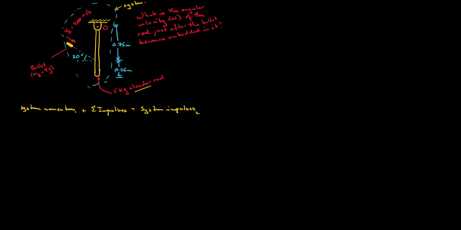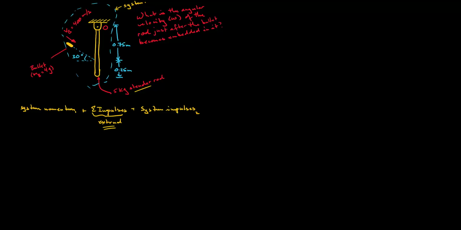We could have made our system only the slender rod or only the bullet, for example, but as we'll see, considering the system as comprised of both the bullet and the slender rod simplifies our problem. Because these impulses need to be external to the system, they are external impulses being applied on the system.